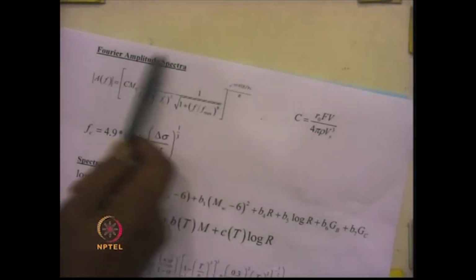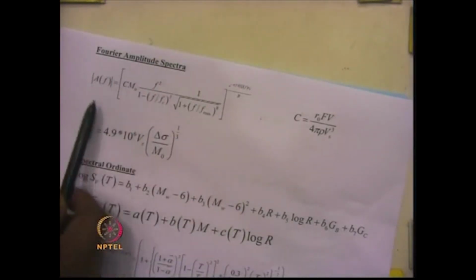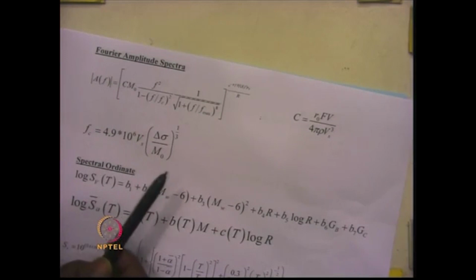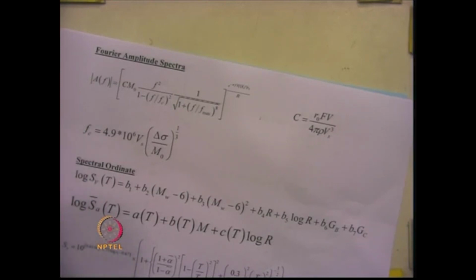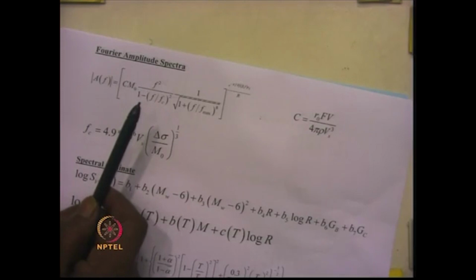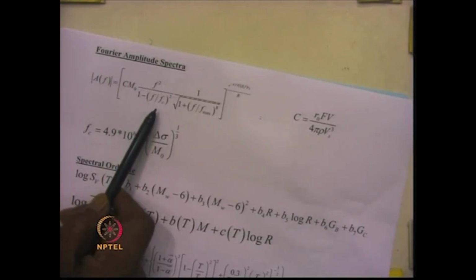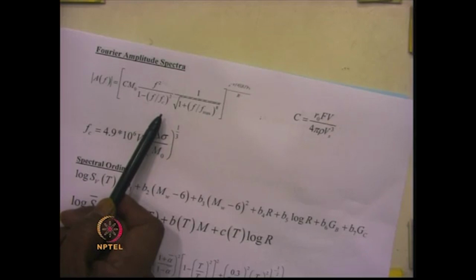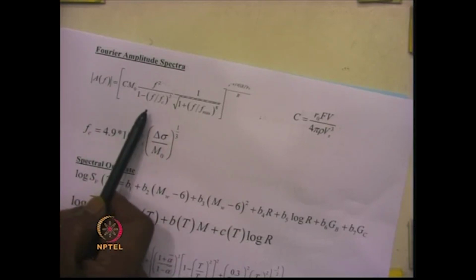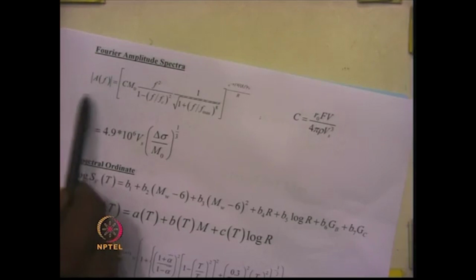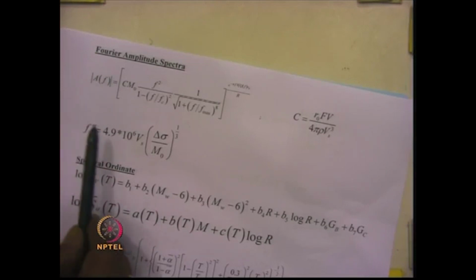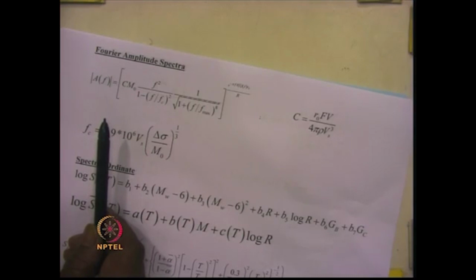This is given with the help of this equation, and one can see the constants involved here is Fc, which is called the critical frequency or cutoff frequency, and F is the usual frequency. So, the Fourier amplitude spectrum is expressed in terms of the frequency.